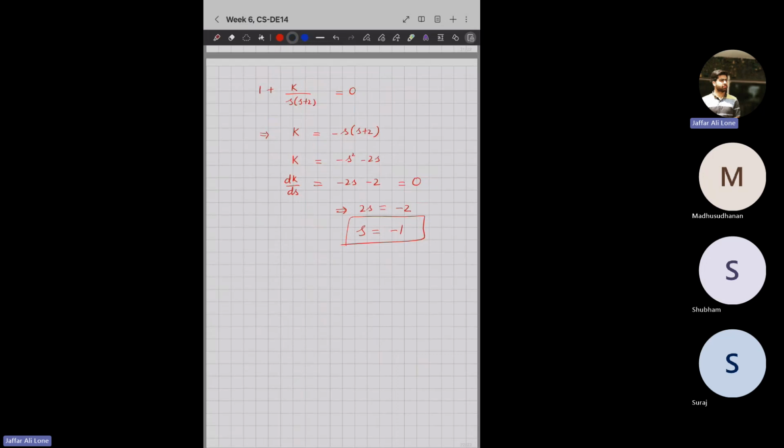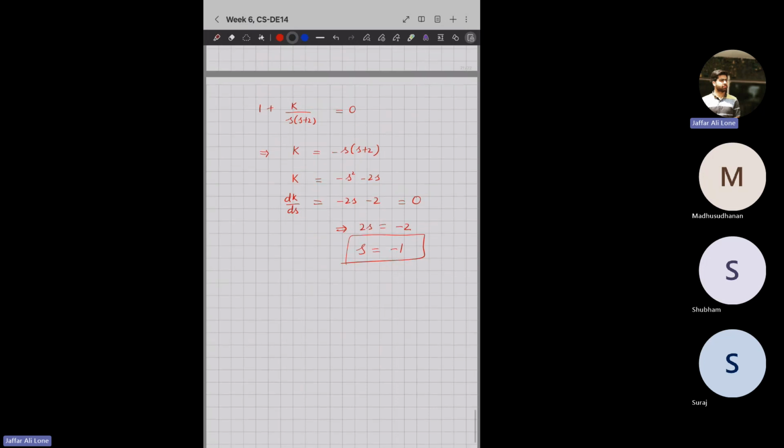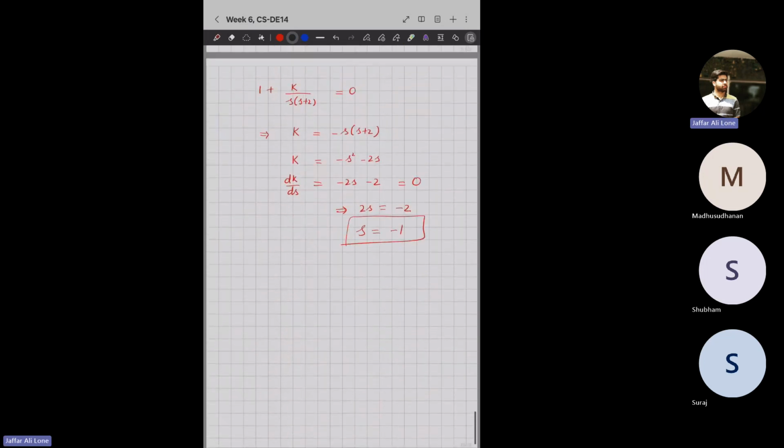So, if you see the characteristic equation of this problem, it is 1 plus k divided by s into s plus 2. If we solve it, we get s square plus 2s plus k equal to 0. It is a second order system, so obviously we will have 2 poles.